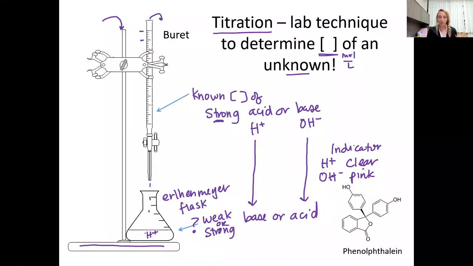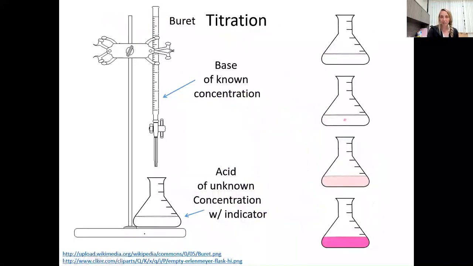So how does this reaction work? We have a base of a known concentration. Remember, we want to use a strong base, and that strong base has an OH-. We're going to drip this down into an acid of an unknown concentration, which is what we're trying to find. An acid has H+ that reacts.